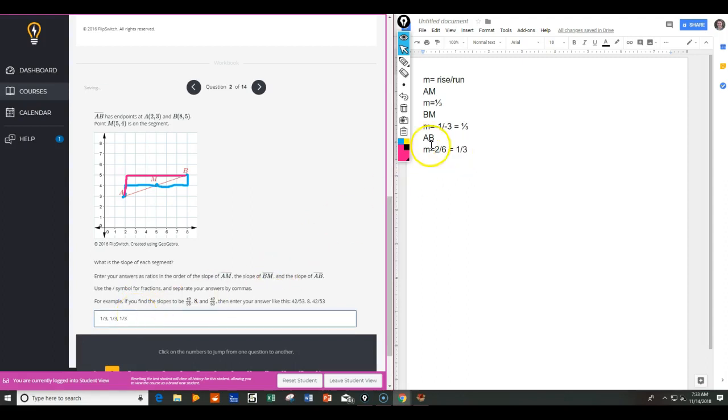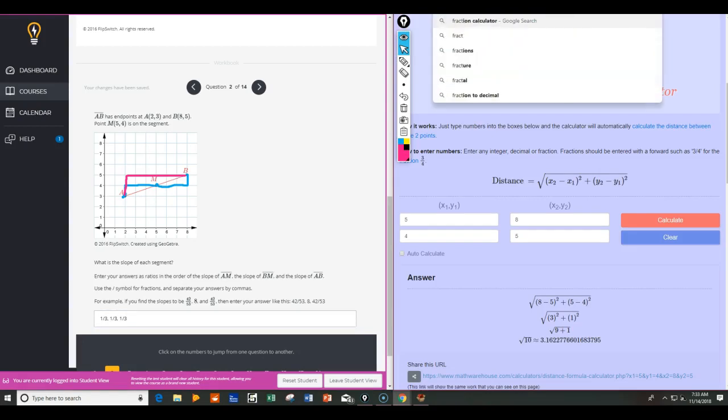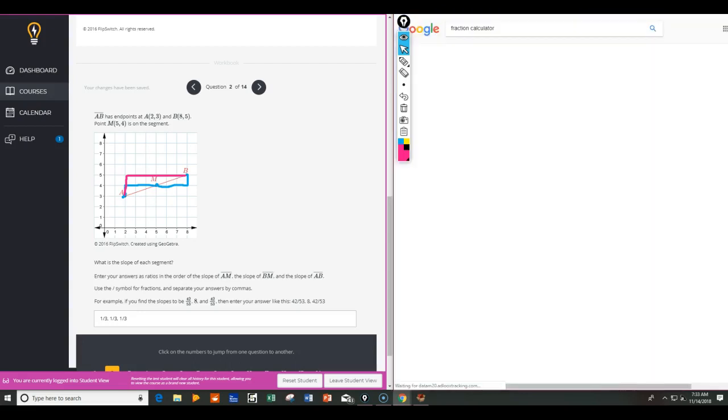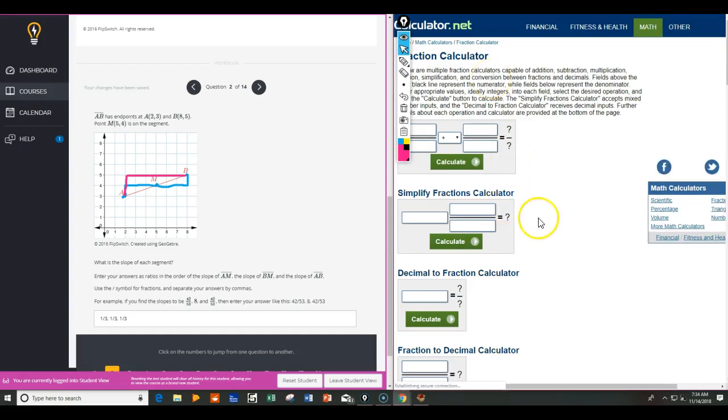Now, if you didn't know that 2/6 reduces down, you could use a calculator, and I would type in fraction calculator. So simplify fractions.